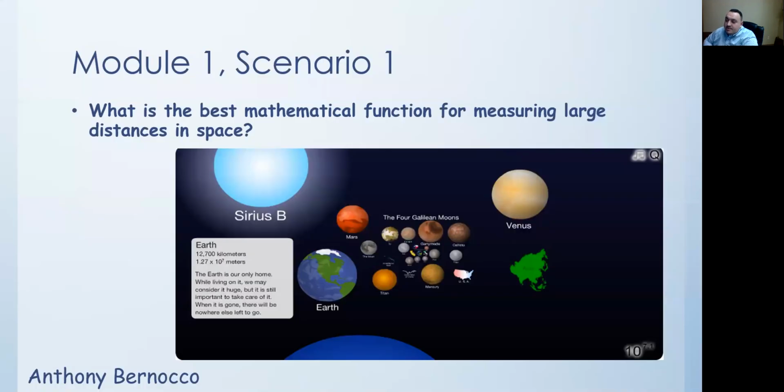The first scenario is, what is the best mathematical function for measuring large distances in space? The best way to do that is to use scientific notation. We use that on paper to measure, just like in the picture, 1.27 times 10 to the 7th power.